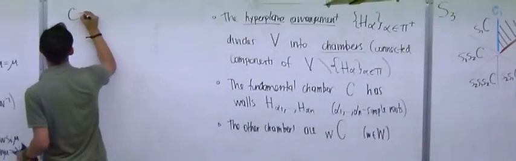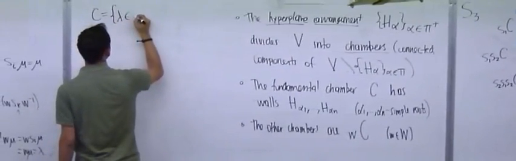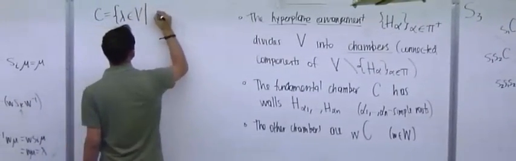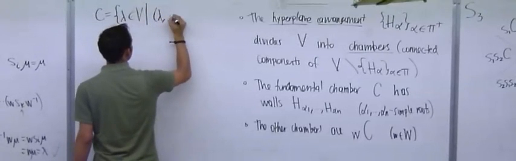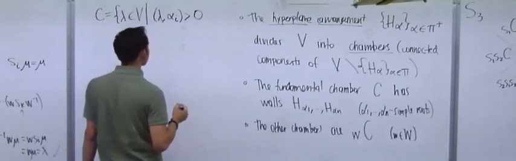So the thing is, if you remember the way that I defined C, this is the set of points which have inner product with all the simple roots negative. Sorry, positive.